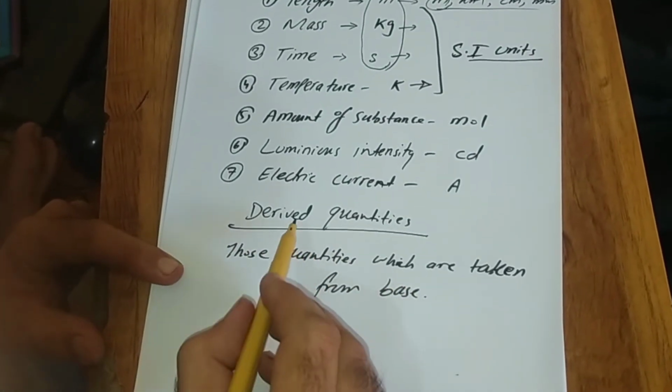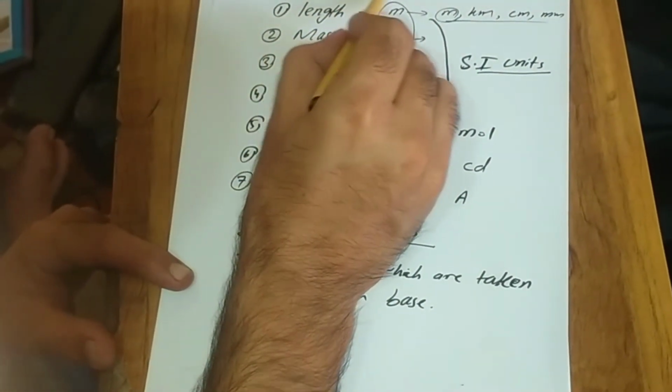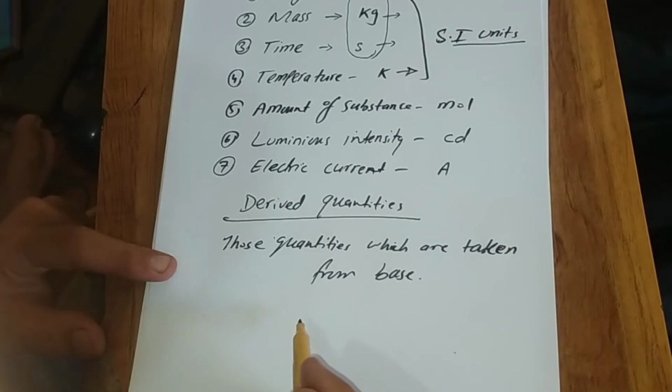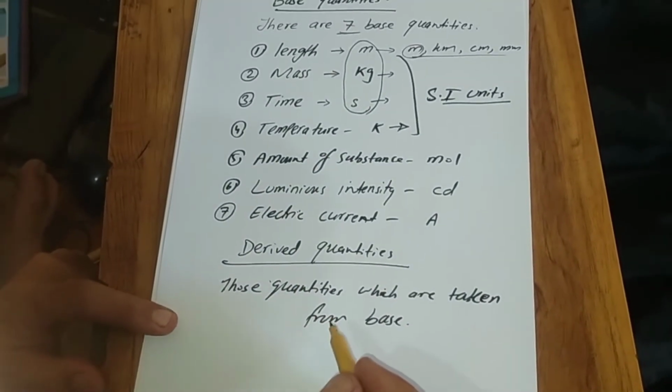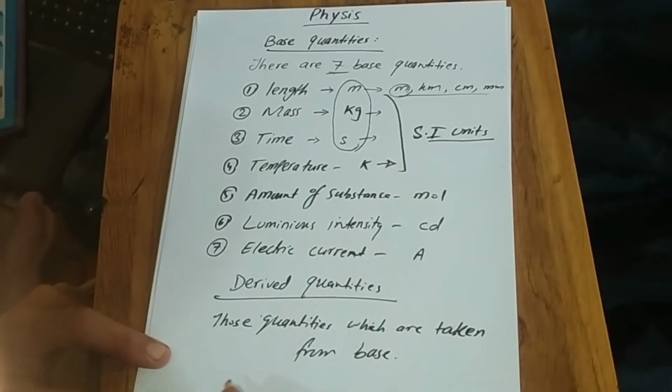Remember, these derived quantities are basically taken from these 7 base quantities. These do not have their own units, since these are taken from the base unit.